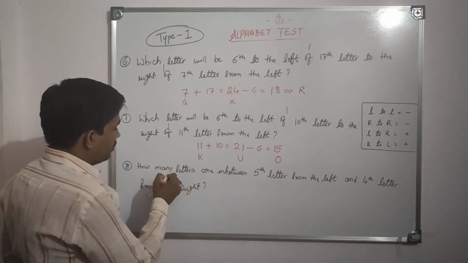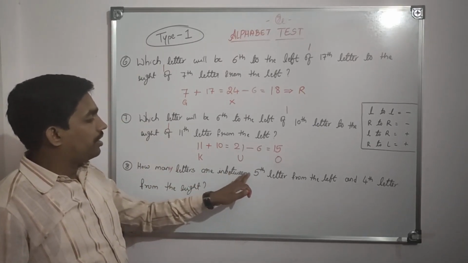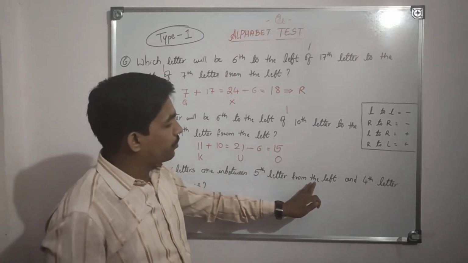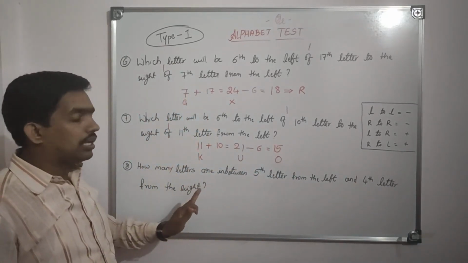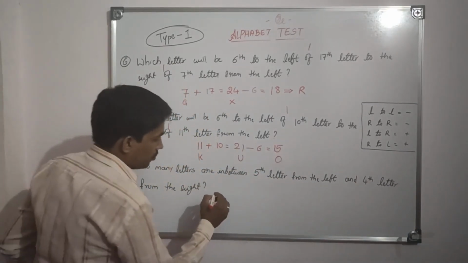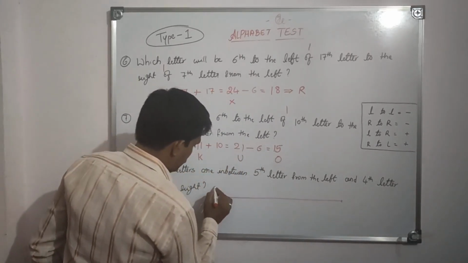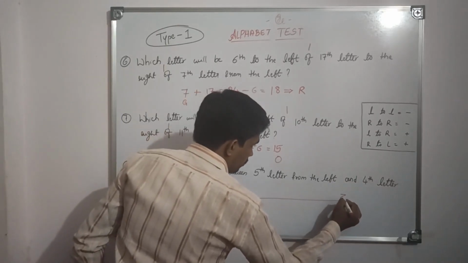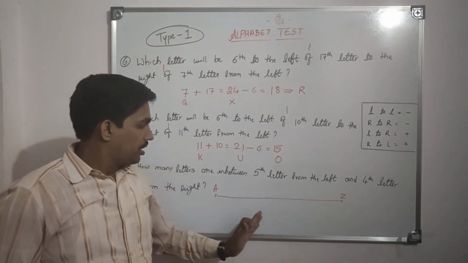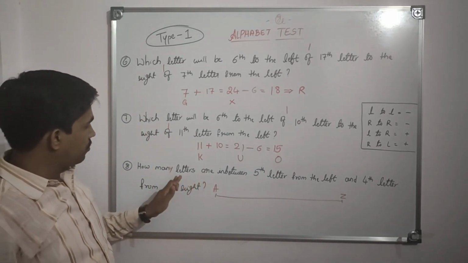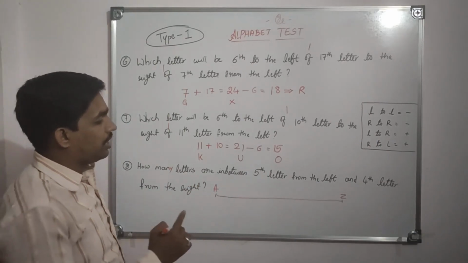How many letters are in between 5th letter from the left hand and 4th letter from the right hand? So this is our from left to right. Okay. So what they are telling you, how many letters are in between 5th from the left?